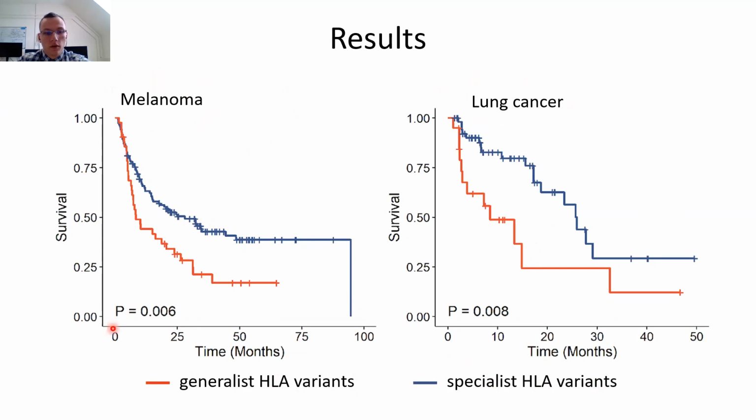On this figure, you can see the survival of the patients, and the red line shows the survival of patients carrying generalist HLA variants, and the blue line shows the survival of patients carrying specialist HLA variants. As you can see, in both cases, patients carrying specialist HLA variants, therefore binding fewer different peptides, survived better. But how can this be explained?